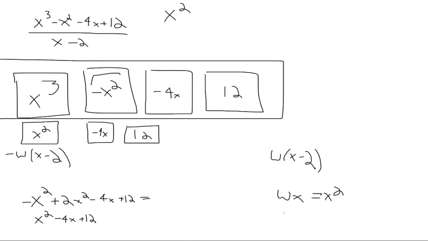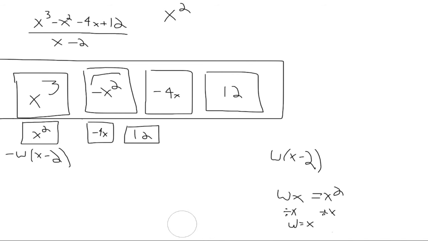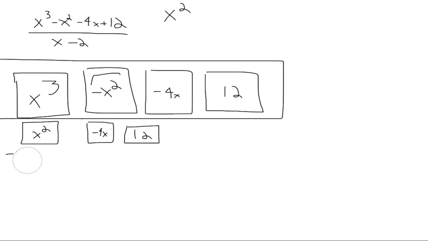If we divide both sides by x, just using algebra, we get w is going to equal x. So we know that w is x. So how many x minus 2's are we going to subtract? We're going to subtract x amount of x minus 2. So instead of w, I'm just going to write x times x minus 2.